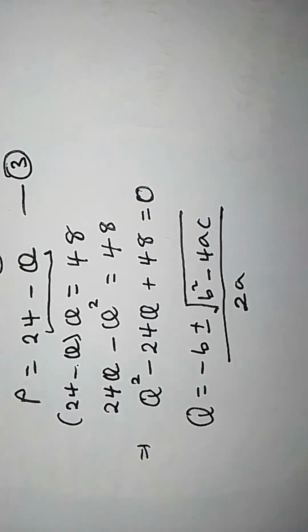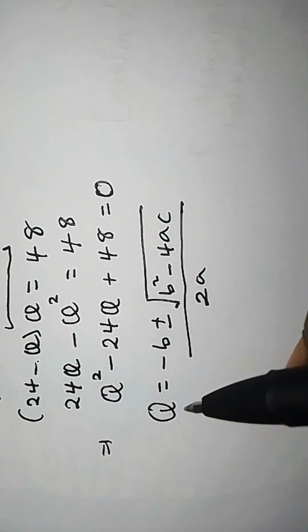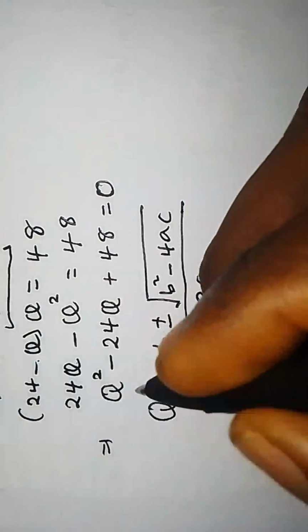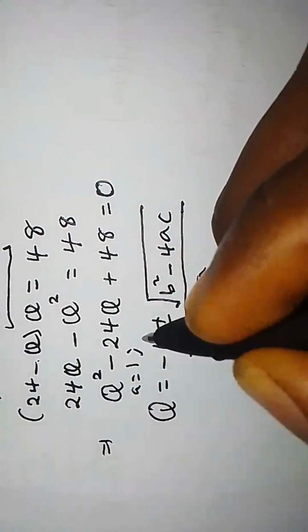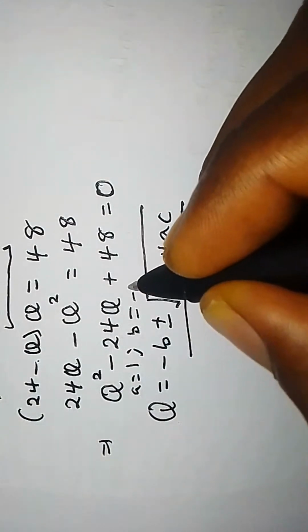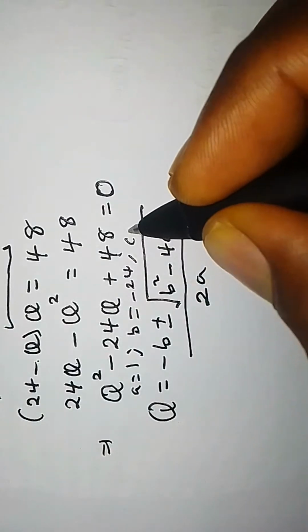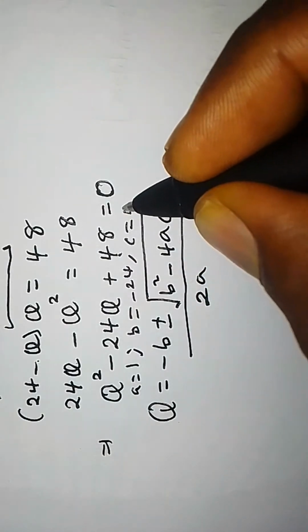This is the quadratic formula, so we have to find the value of Q. From this equation, A is equal to 1, the coefficient of Q square, B is equal to minus 24, C is equal to 48. That's the constant.